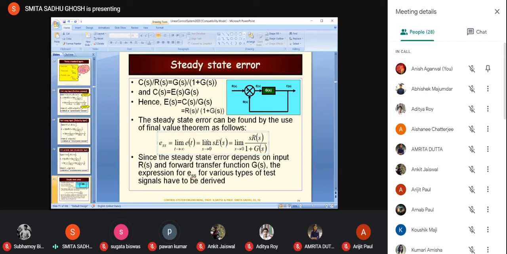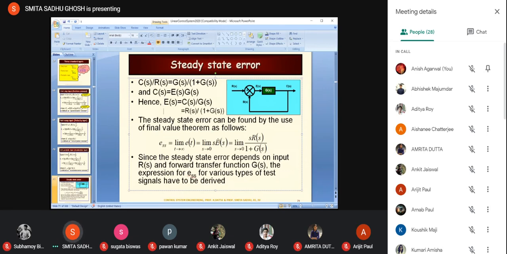Yes, the final value theorem is applied, such that the limit of ET as t tends to infinity can be calculated from the limit of SES as s tends to 0. Now, if you recollect, we had found the error transfer function ES by RS as 1 by 1 plus GS. So ES will be equal to RS by 1 plus GS.